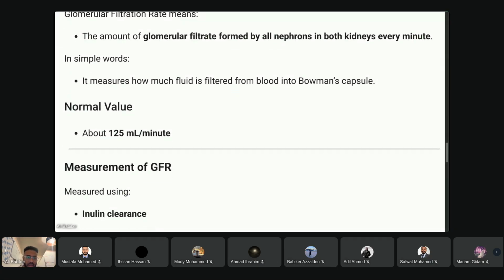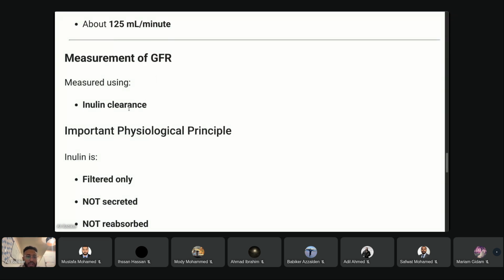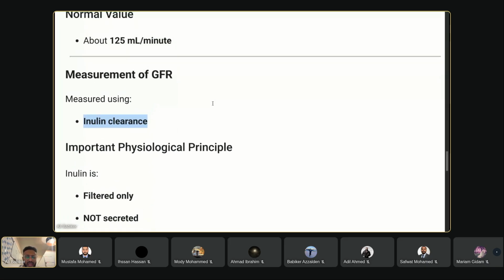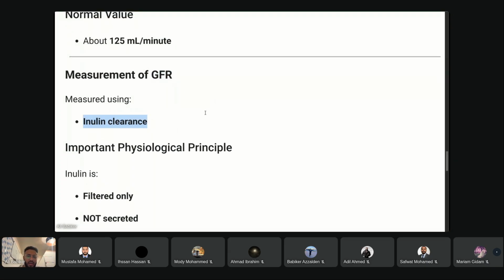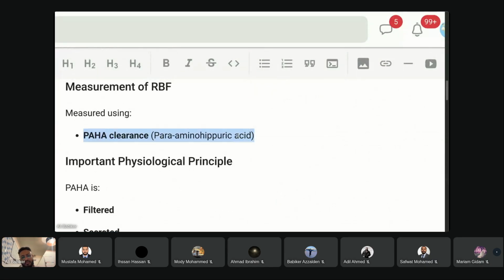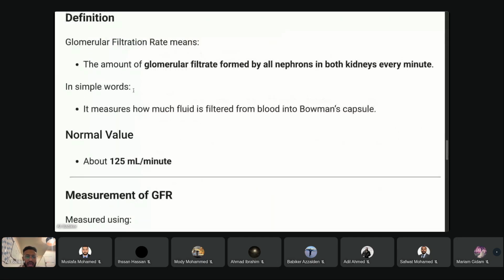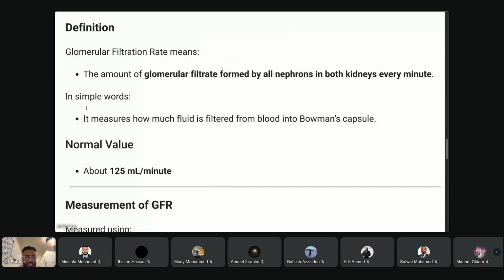Okay? Measures of glomerular filtration rate: we use inulin. If you just want to remember and you don't want to understand anything, just remember: glomerular filtration rate, inulin; renal blood flow, para-aminohippuric acid. If you want to just memorize, okay? In simple words, it measures how much fluid is filtered from the blood into Bowman's capsule.